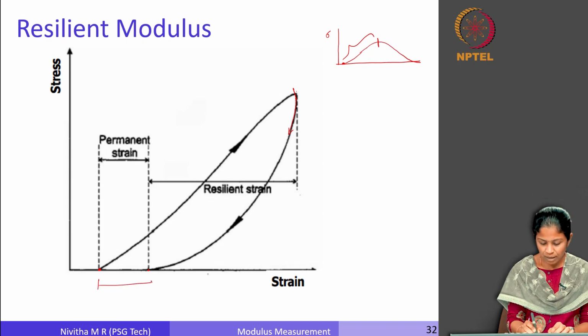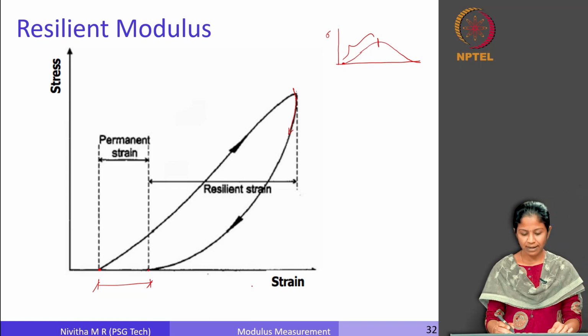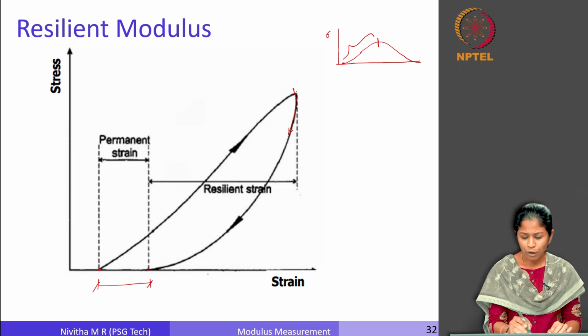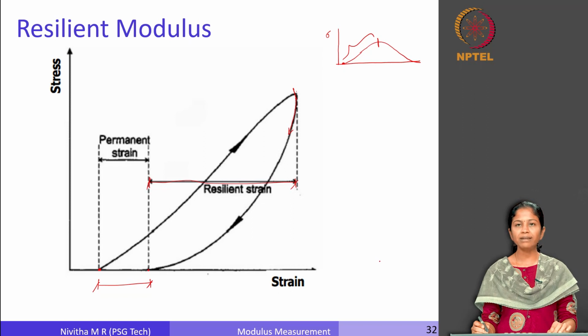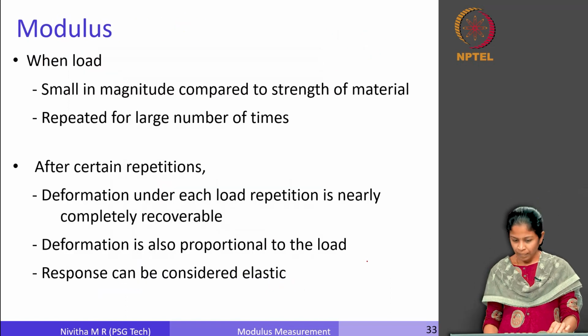So, there is some amount of permanent strain that is experienced by this material, and this much amount of strain it is able to recover during the unloading portion. So, this is called the resilient strain. So, this is for one cycle of loading.